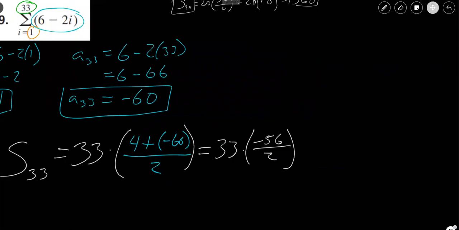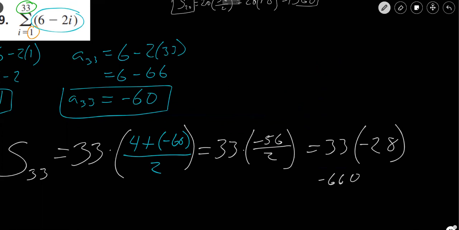And then from there, I just keep on going. 33 times negative 28. And now they're going to make me work a little bit. 33 times negative 20, that's going to be negative 660. That's then 33 times negative 8, it's going to be, I don't know, 240 plus 24, negative 264. And I add those together.